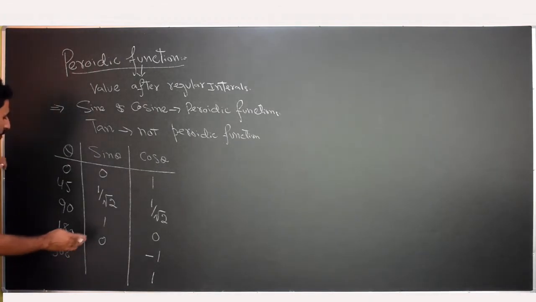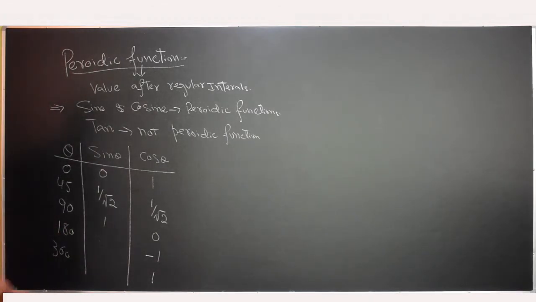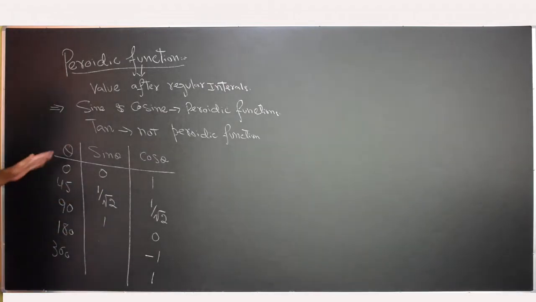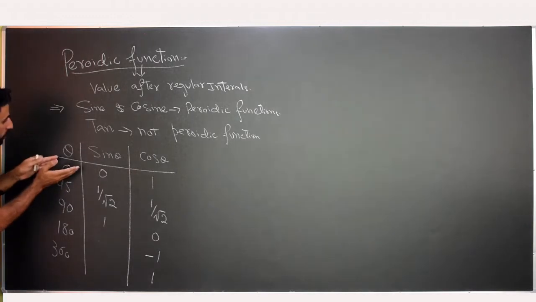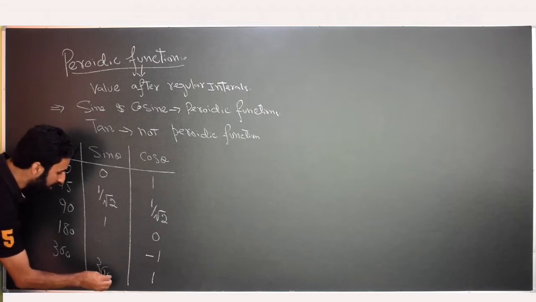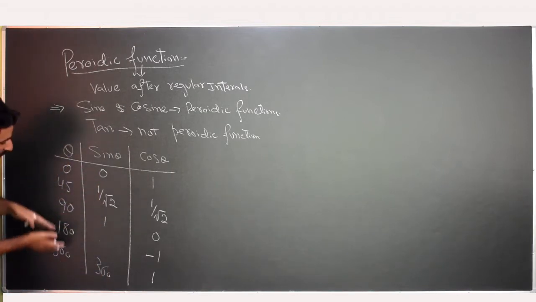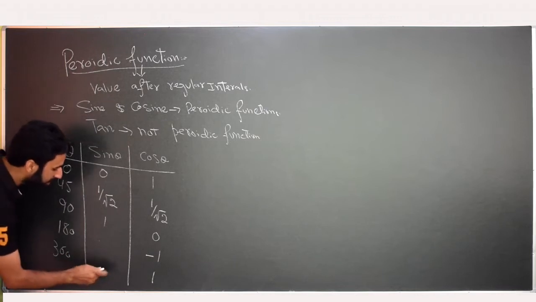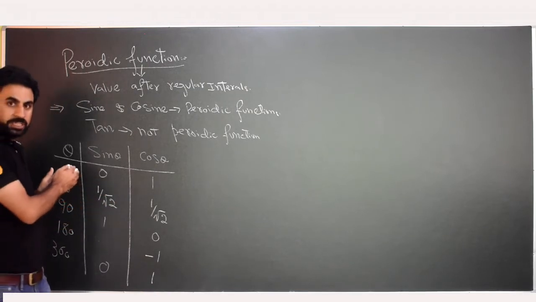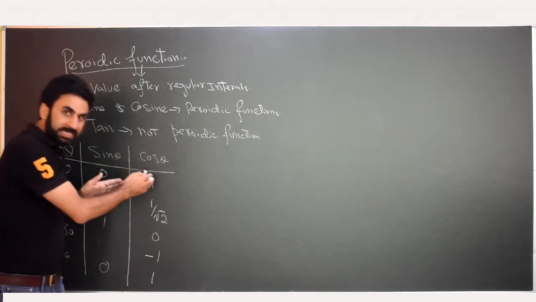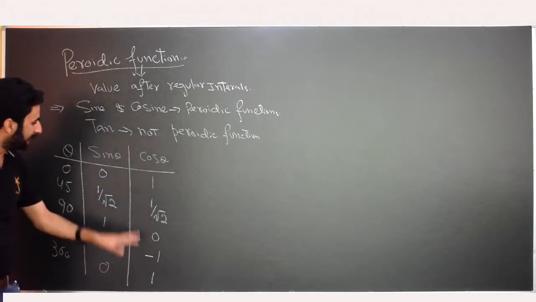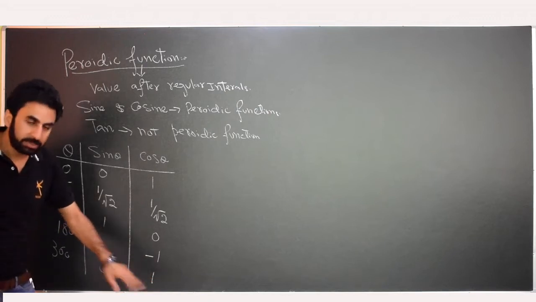Once theta was 0, sine theta is 0, and the same value will be repeated after 360 degrees. Similarly, when theta was 0, cosine of theta was 1. After 360 degrees, again cosine of 360 degrees will be equal to 1.